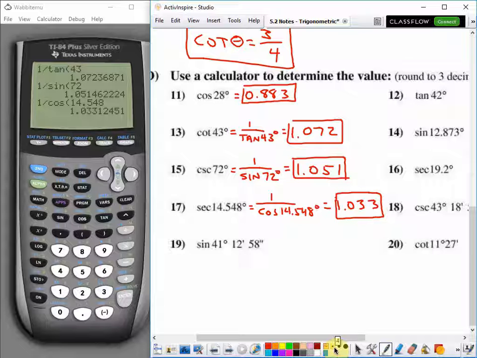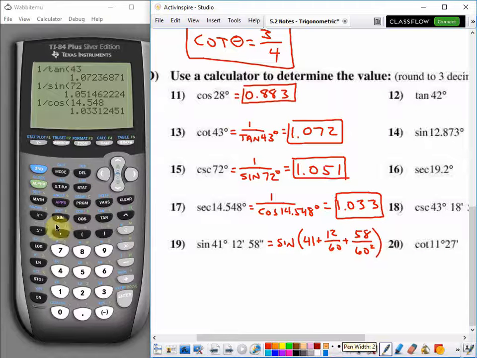And the last one is sine 41 degrees, 12 minutes, 58 seconds. Now there's two different ways we can do this, and we'll go ahead and do it both ways. I can convert that to decimal degrees by doing sine of 41 plus 12 over 60 plus 58 over 60 squared.